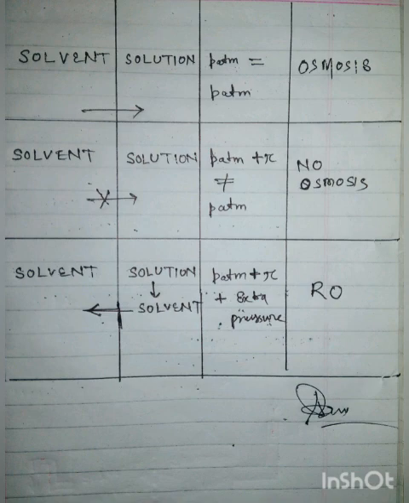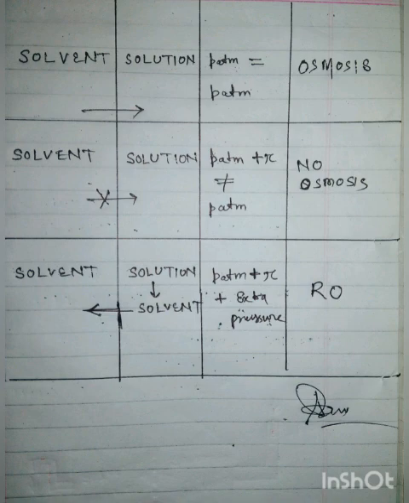Now, if we summarize osmosis, no osmosis, and reverse osmosis, what is the main difference? If you see in this table, when atmospheric pressure is present on both the container of solvent and the solution, there will be a flow of solvent molecules towards the solution and osmosis will occur.